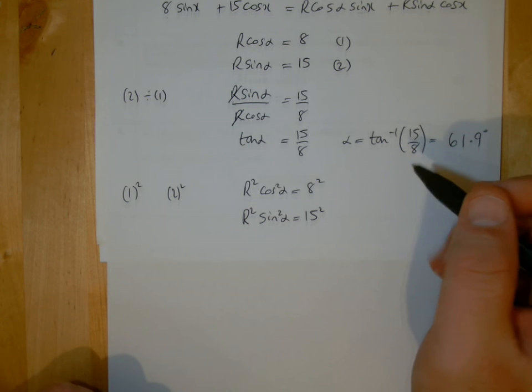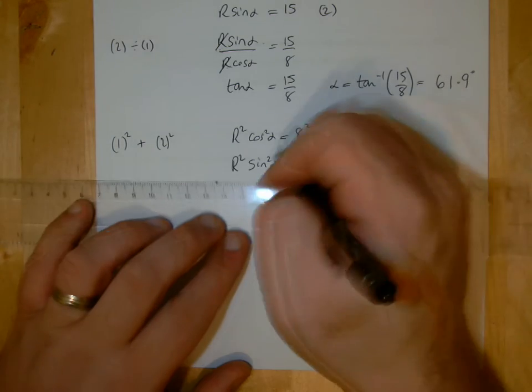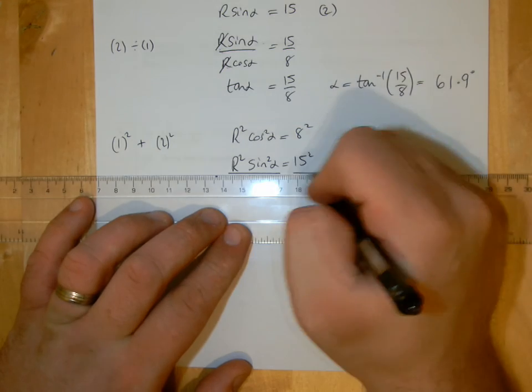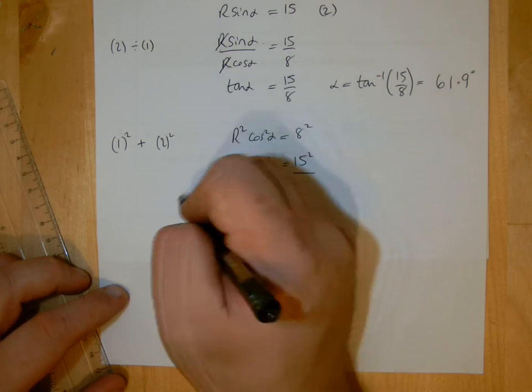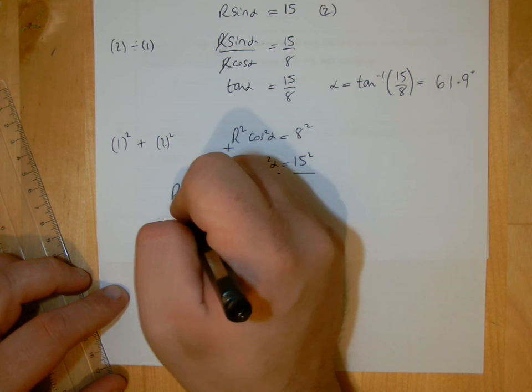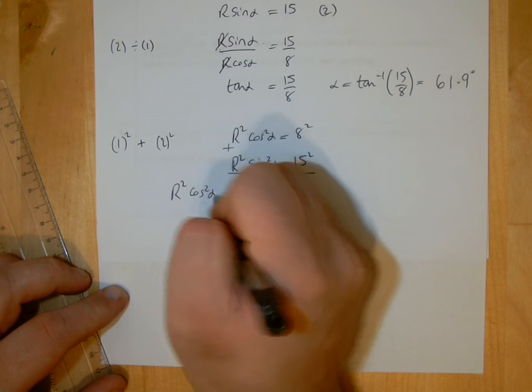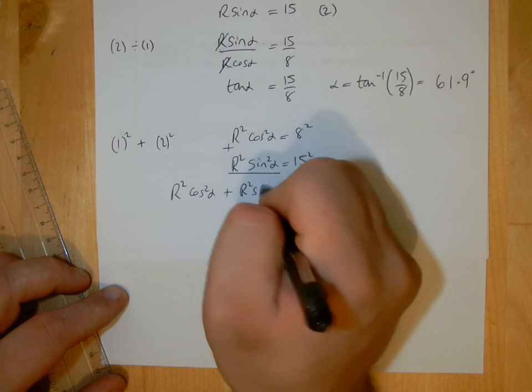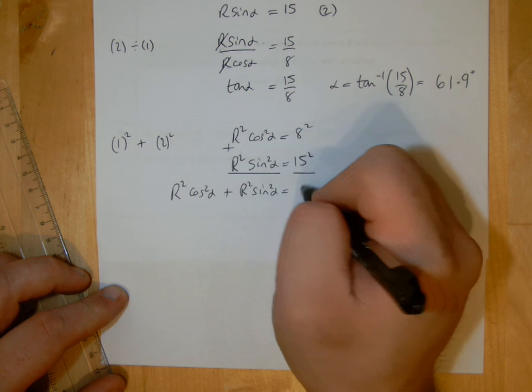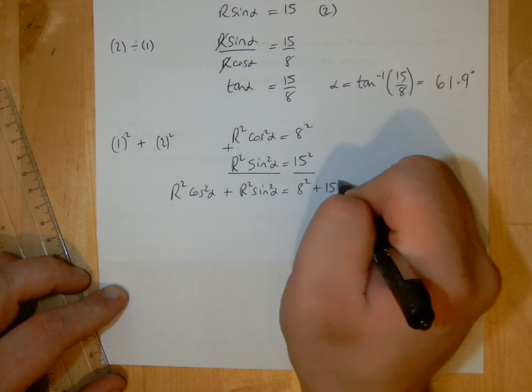And then we're going to add them, just like Pythagoras' theorem. So when I add them, on this side I'll have r squared cos squared alpha plus r squared sine squared alpha. And on this side I have 8 squared plus 15 squared.